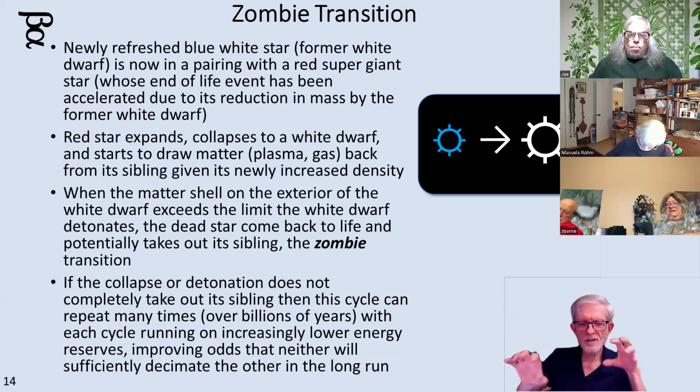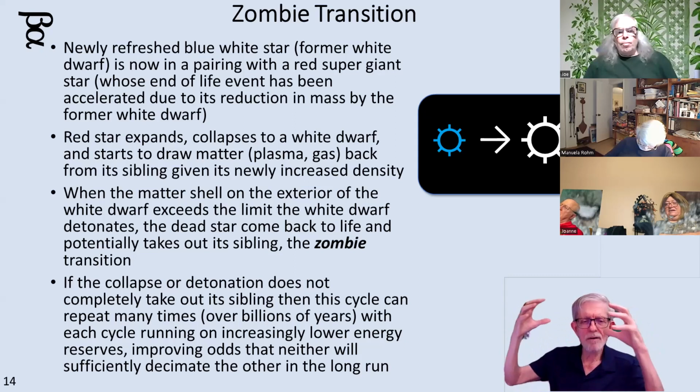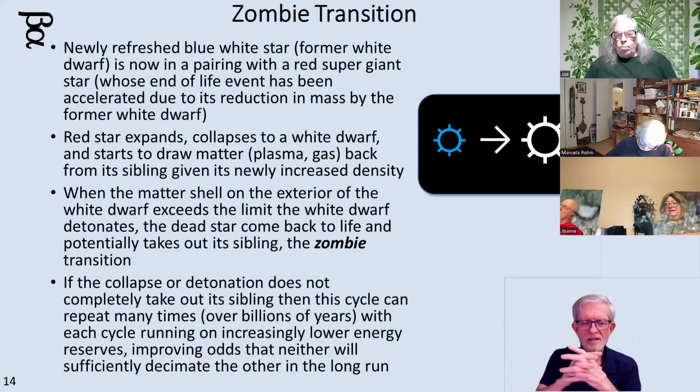So they swap roles, and now the vampire is attacked by its sibling, and the white dwarf result of the red supergiant wants to detonate. If it gets enough energy and it collapses down fast enough, it can actually detonate. And when it detonates, it can take out its sibling.